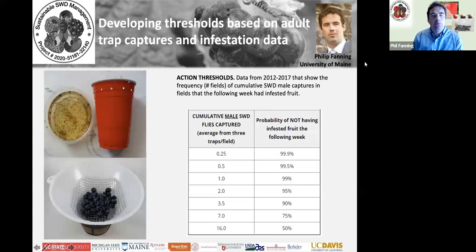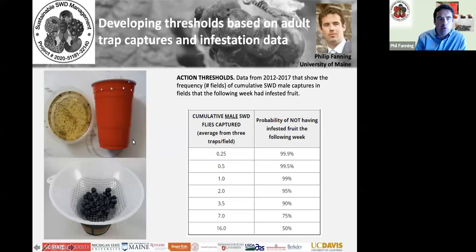So here in Maine, we monitor with a yeast sugar solution, and we use those red solo cups that you can see in the picture on the left-hand side. We recommend the growers put out 3 red solo cups per site, or per area of their field that they're monitoring in, and they get checked weekly.